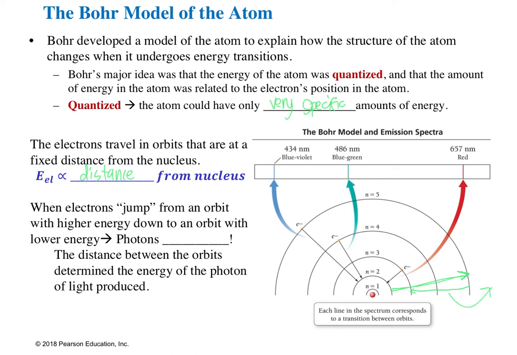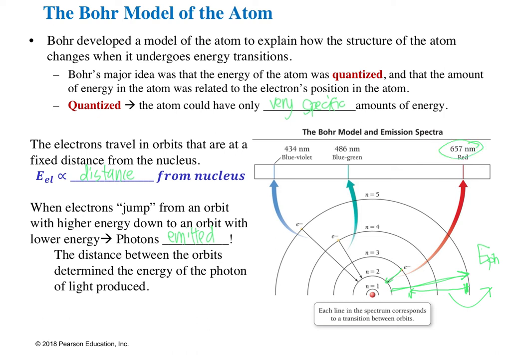And so photons are emitted, and the distance between where it was excited to where it was emitted is related to the energy of light. So that's that E photon that we talked about before. Wow, that's really bad handwriting, but you know what I mean. E photon. So a shorter distance means less energy, so we get longer wavelengths.